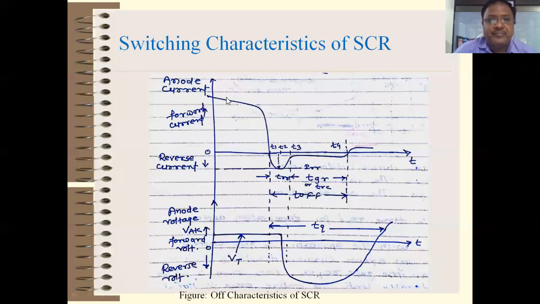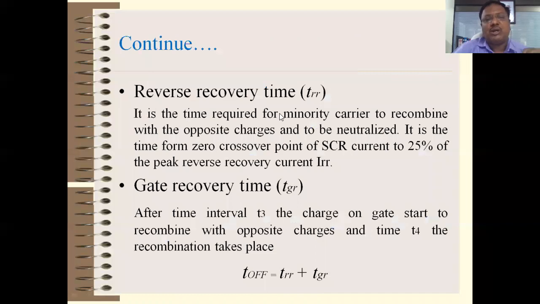But at this position your current decreases suddenly, and you see that the current goes in the negative direction. Why does this happen? That is called reverse recovery time. It is the time required for minority carriers to recombine with the opposite charges and be neutralized.